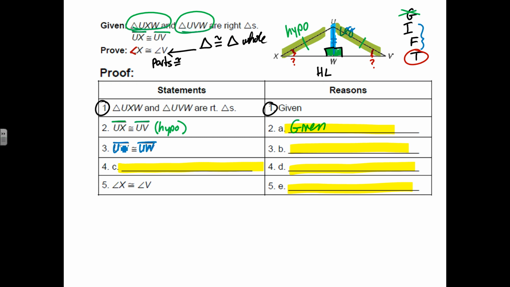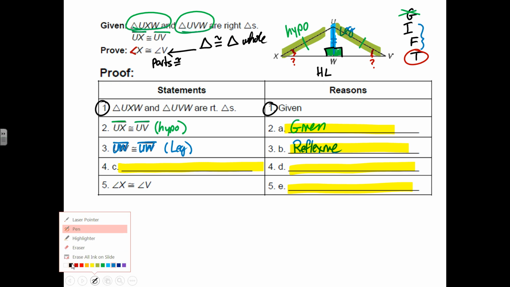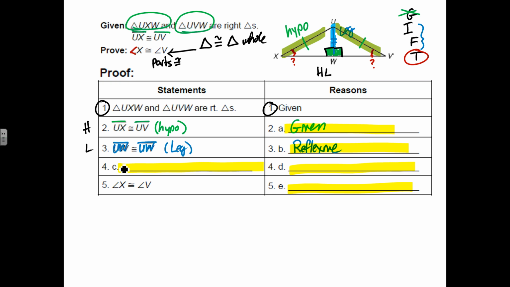That would be the reflexive property. Write the word reflexive. So I have an H and an L, which tells me my triangles are congruent. Watch very carefully. I'm going to go like this. Triangle XUW.